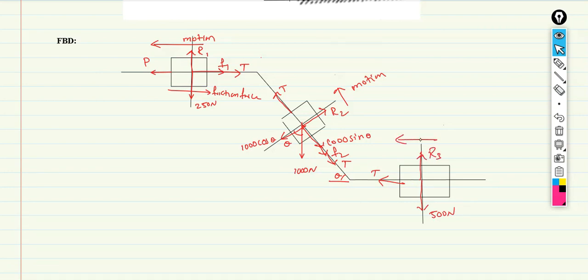And assume motion in the left side direction, because we are assuming the first body is moving left side, automatically all the bodies move in a similar direction. Then the frictional force acts opposite to it, that is F3, right? So this is the given data, and this is the free body diagram.